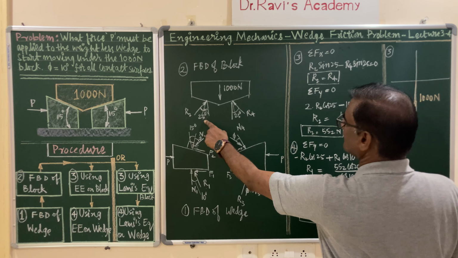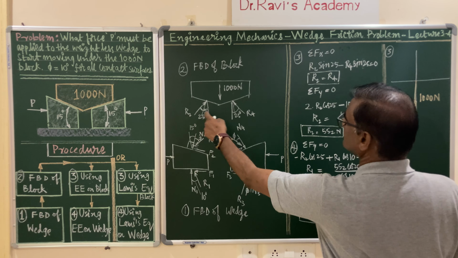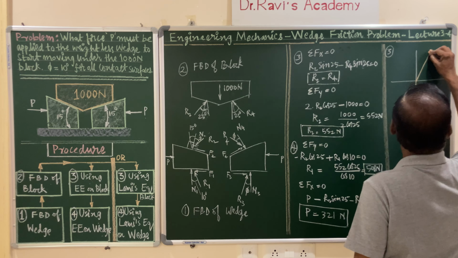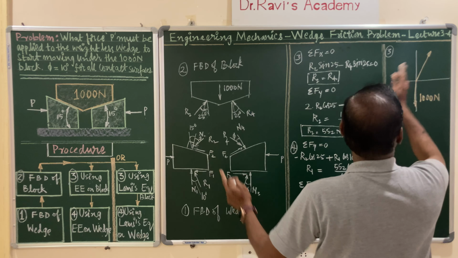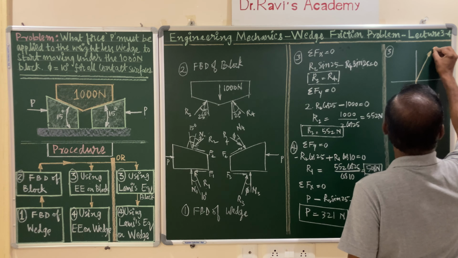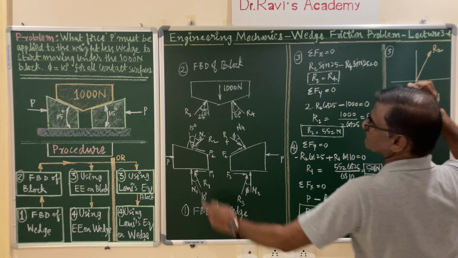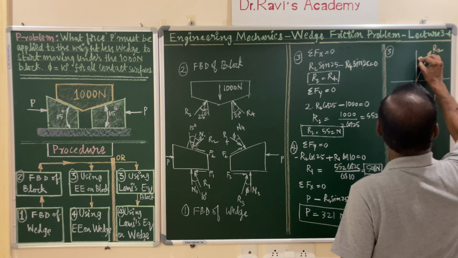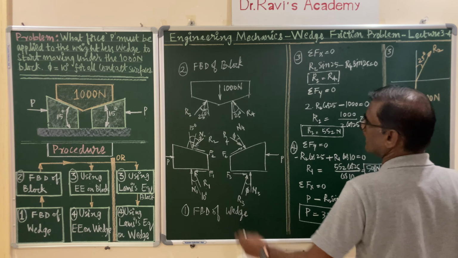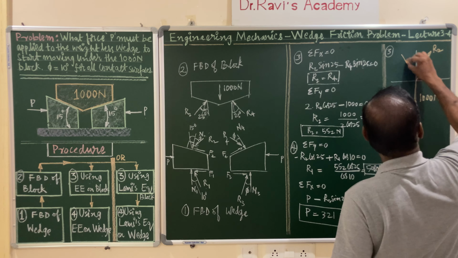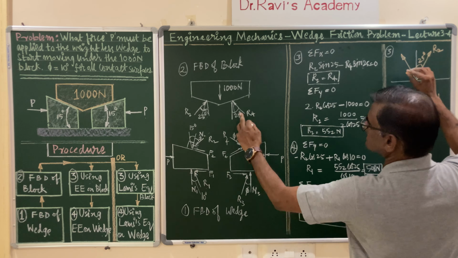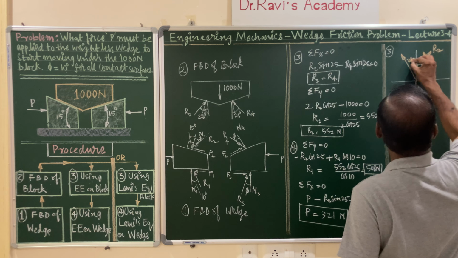You see that R2 is at an angle with vertical 25 degrees, and R4 is also inclined with the same angle, 25.